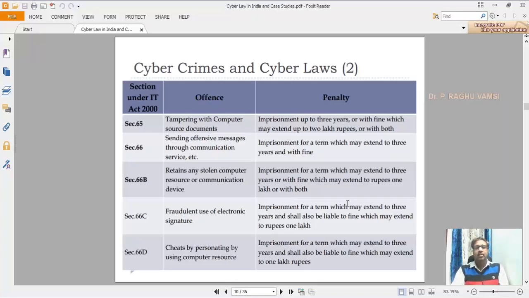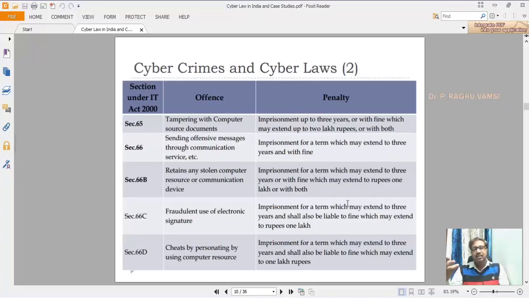Actually, they went for the public interest litigation and went up to the Supreme Court. And after listening to the arguments, the 66A of the IT Act was found to be compromising the freedom of speech.